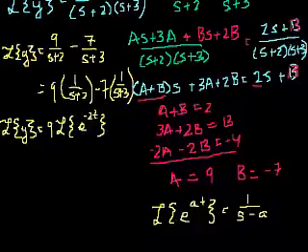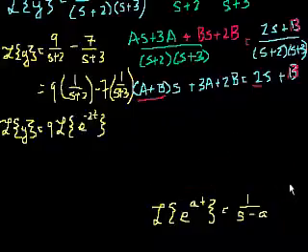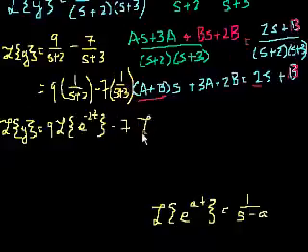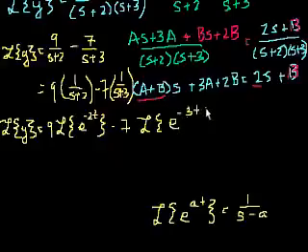And let me clean this up a little bit, because I'm going to need that real estate. And then we have minus 7 times, this is the Laplace transform of what? This is the Laplace transform of e to the minus 3t. Right? It's just pattern matching.